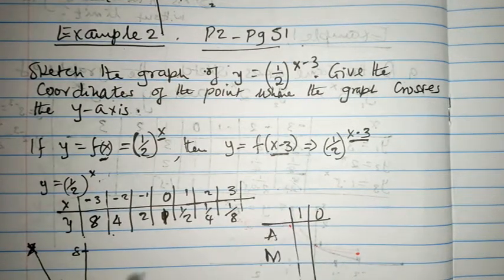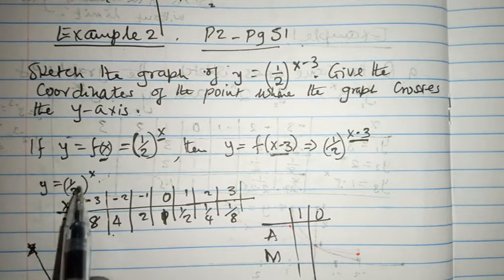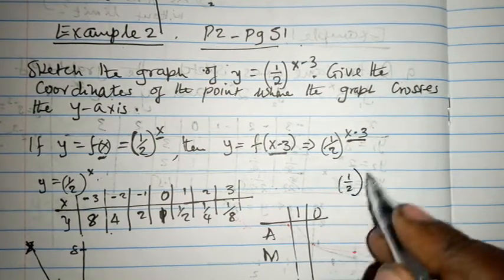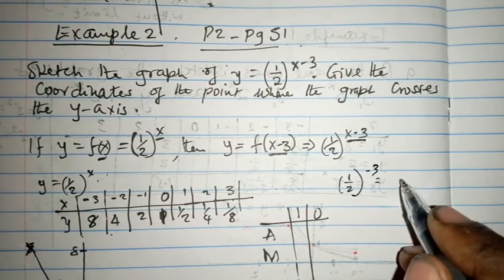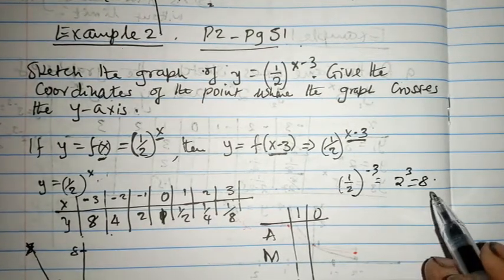When x is minus 3, y is a half raised to power minus 3, which happens to be 2 raised to power 3, which is 8, according to the laws of indices.